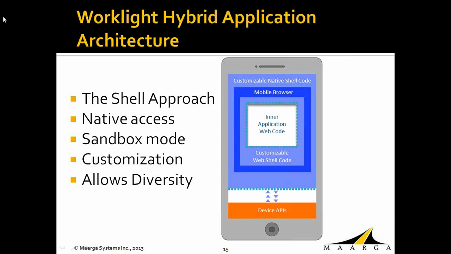And these parameters, like I said, could be restriction of data access, use of certain APIs, and so on. And because the corporate policies are enforced by the shell itself, you can develop the shell once, and the inner apps can be easily developed with common web programming languages.